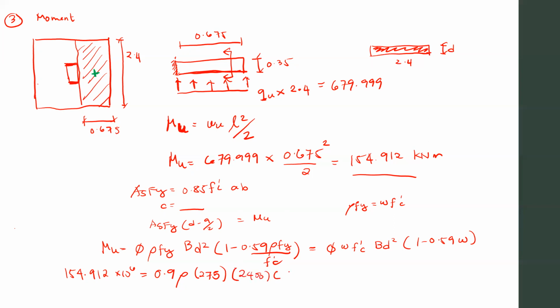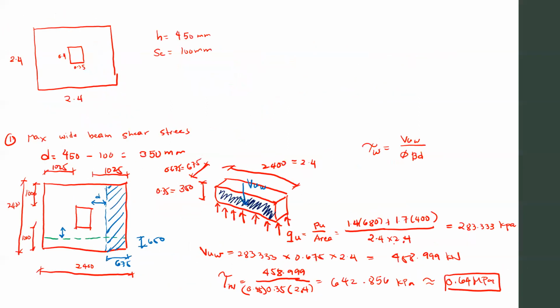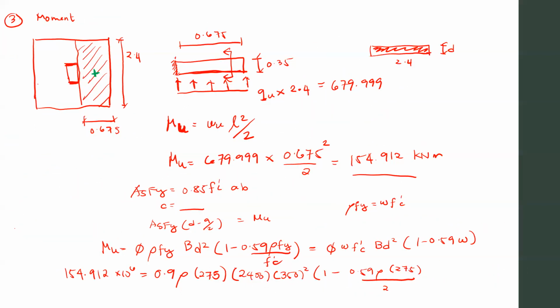Then your D is 350 squared. 1 minus 0.59 rho unknown, Fy is 275 over F prime C, which is 20.7. Okay. Then using your shift solve, you can determine your rho actual. Okay, so let us try.